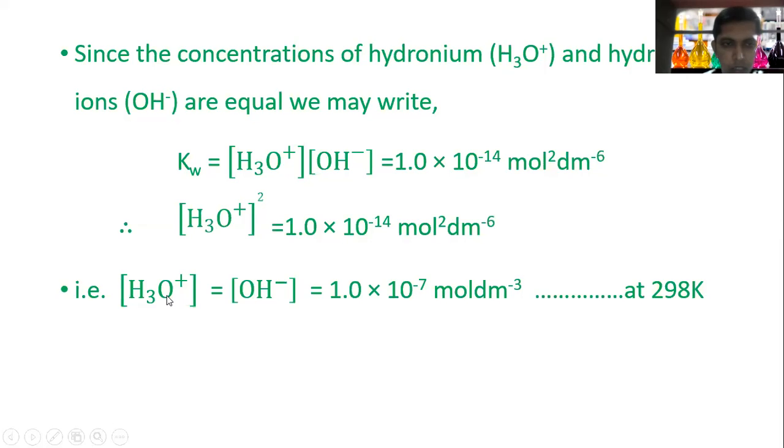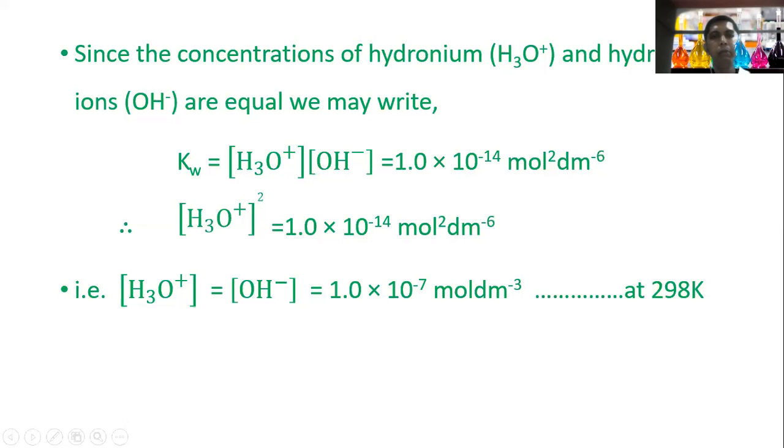And as the concentration of hydronium ion is equal to the concentration of hydroxide ion, it is equal to 1 into 10 raised to power minus 7 moles per dm cube at 298 Kelvin.